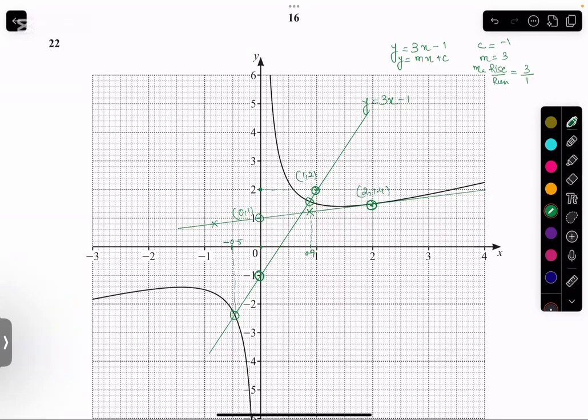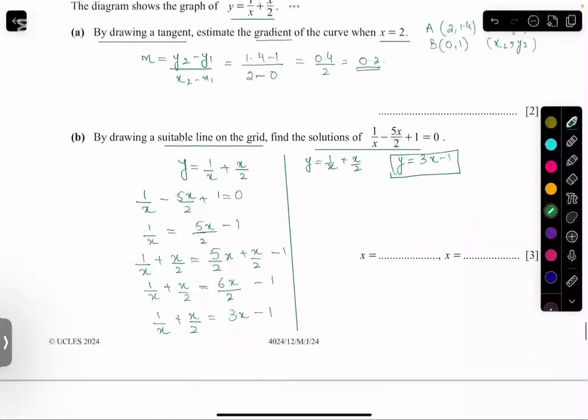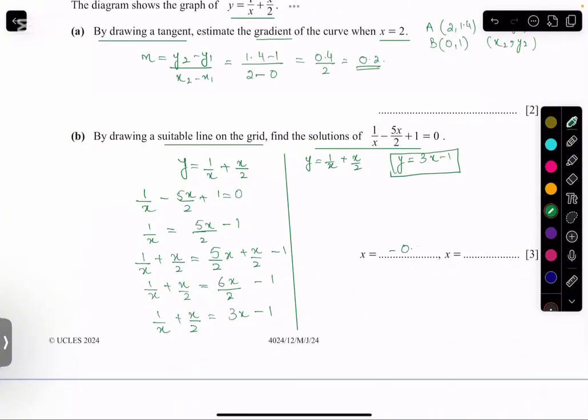So approximately I can see that the two x-values that I should have in this case are negative 0.5 and a positive 0.9.